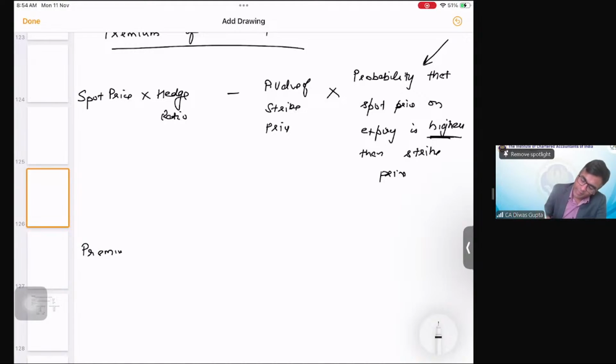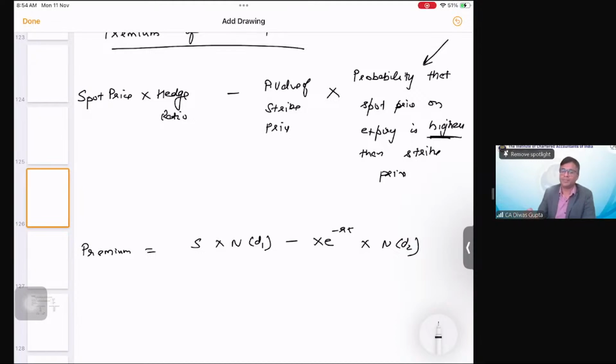So premium becomes S multiplied by N(d1) minus Xe^(-rT) multiplied by N(d2).